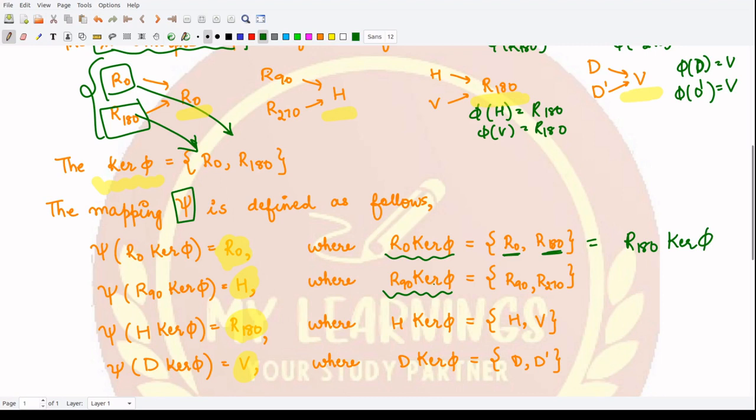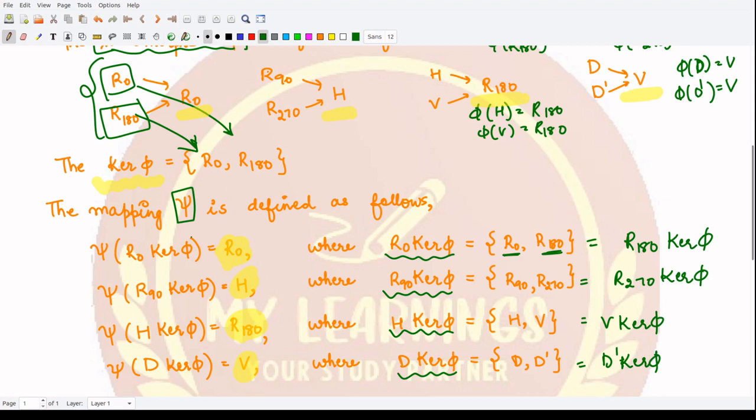Similarly, we have R90 kernel phi, which is R90, R270, and it would be equal to R270 kernel phi. Similarly, H kernel phi also contains 2 elements, and D kernel phi also contains 2 elements, and they would be equal to V kernel phi and D dash kernel phi respectively.